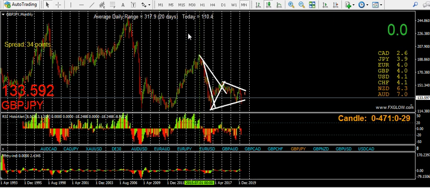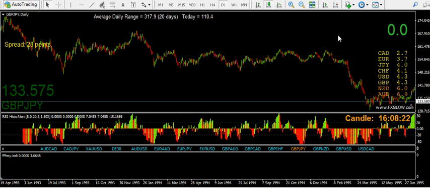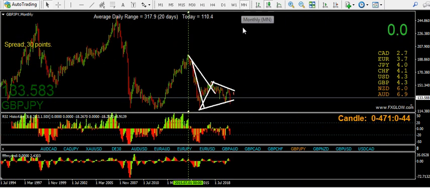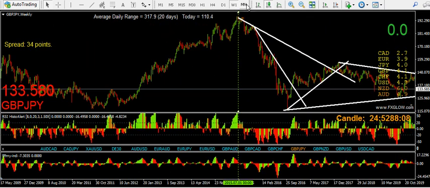I'll highlight it in case it's hidden behind one of those daily breaker marks. We can get rid of them as well actually. Control and Y. That's it. Daily chart again. I should have checked the actual date. 2015. Let's go down to the weekly first. There it is. And the daily.